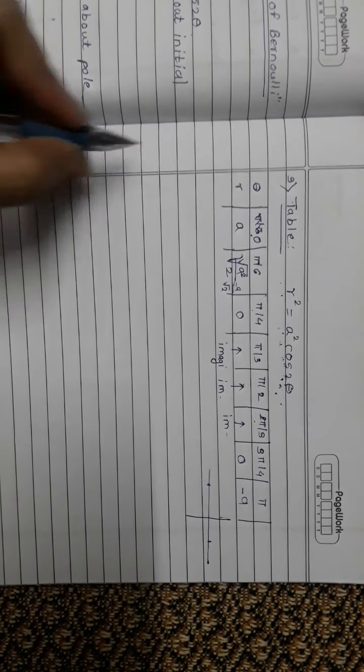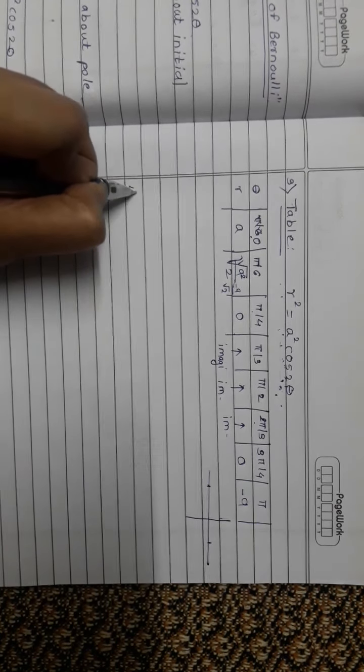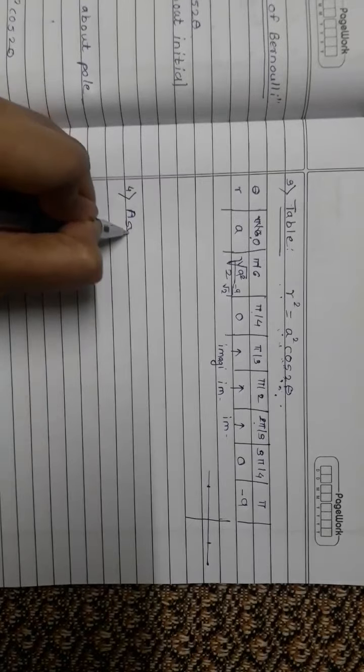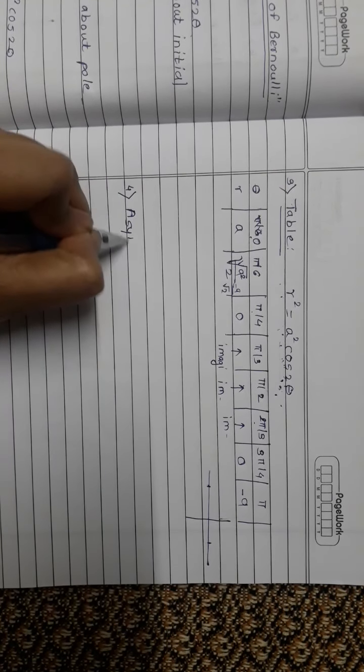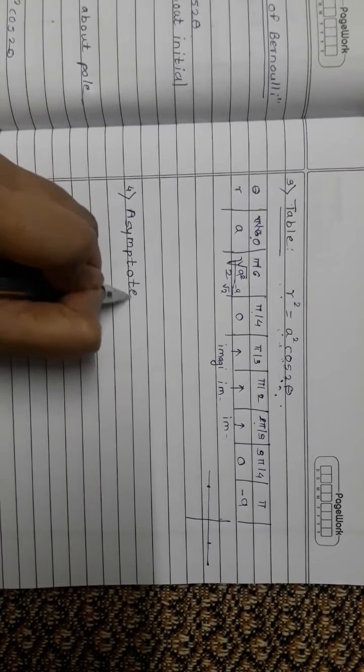Then the next thing is we need to check the asymptote part, right? So what is an asymptote? An asymptote is nothing but a tangent at infinity.